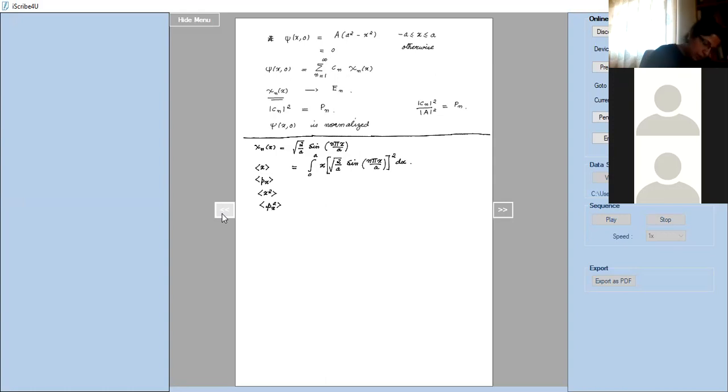This is because your expectation value of x is going to be nothing but, what is it? It's essentially psi star x psi, which means it is nothing but the integral of psi star x psi dx. Here of course you're going to find it in the nth eigenstate, so you'll have to do it for this, correct?